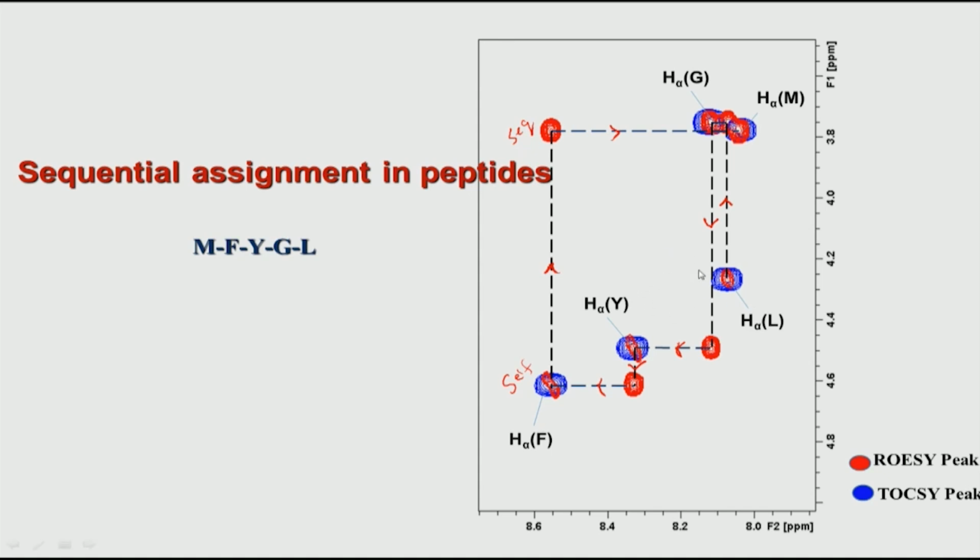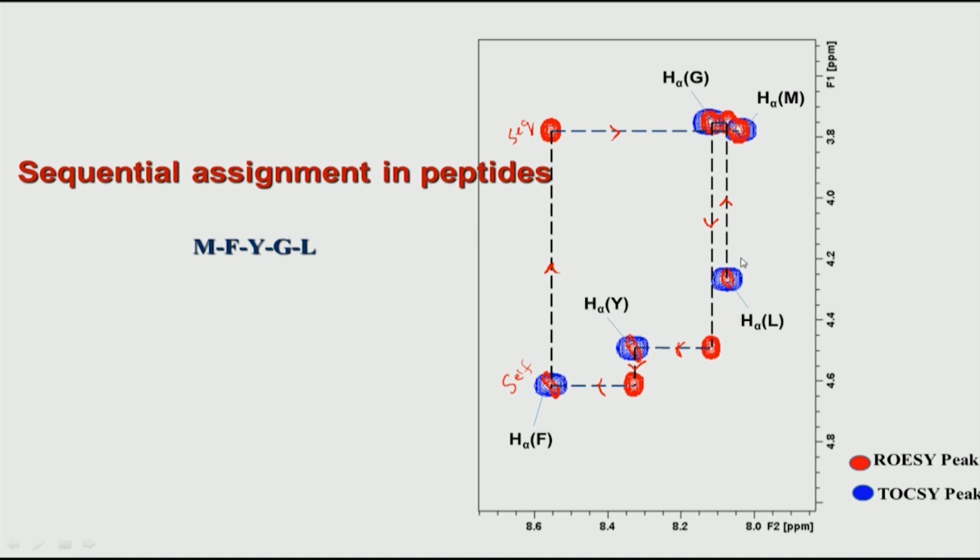Now, what you do next is take the value observed in your peptide and subtract the random coil value for that amino acid. For example, for leucine, you subtract the H alpha of leucine in your peptide, here 4.23, from the random coil H alpha value of leucine available in the database.